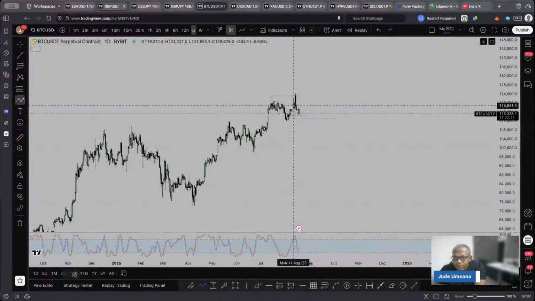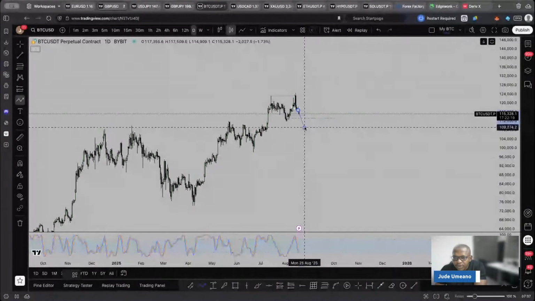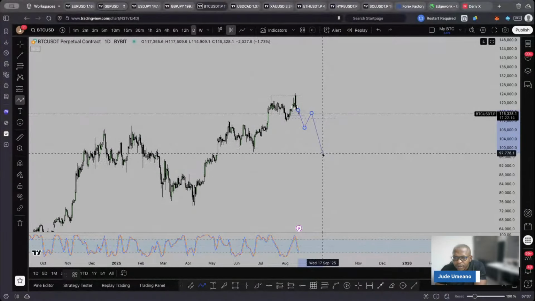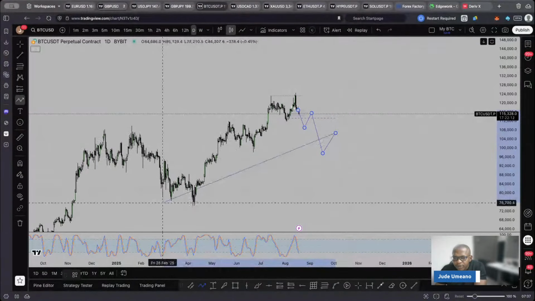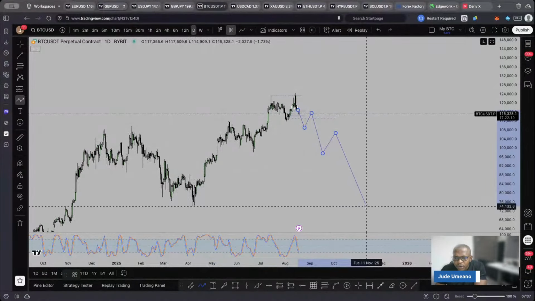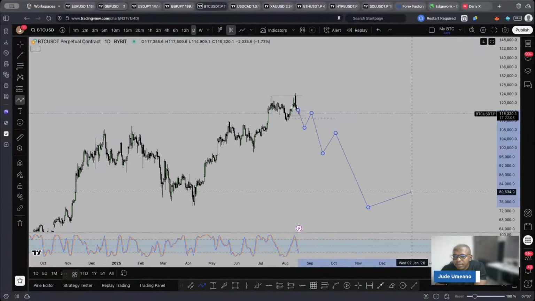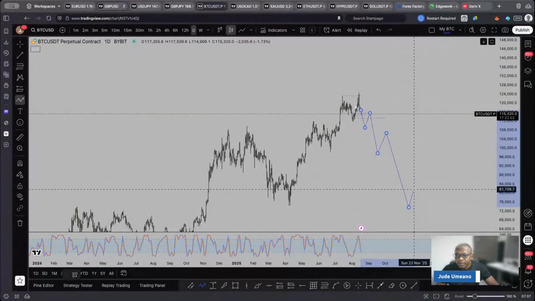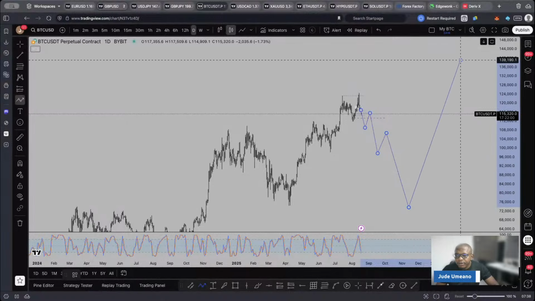If we start breaking the lows that we have made, if we break this low, hit 70 something, then we are truly in the bear market for Bitcoin. Because these on the higher time frame are still possible areas for Bitcoin to reverse from.